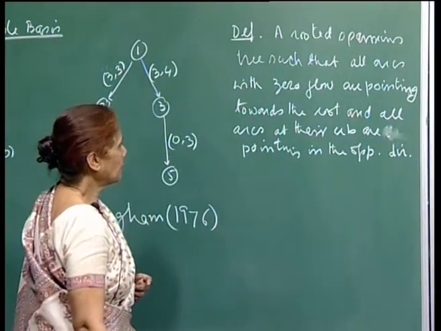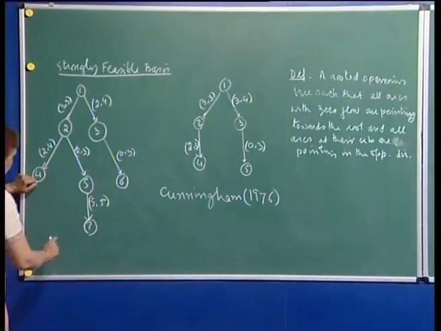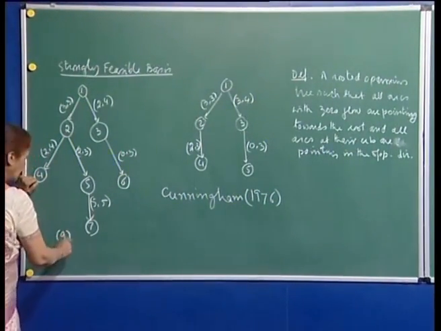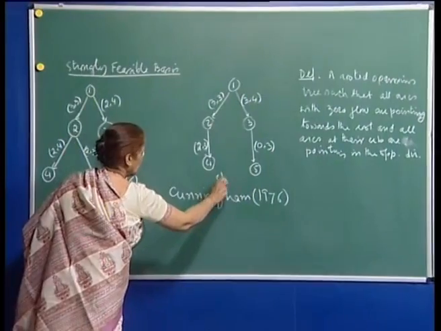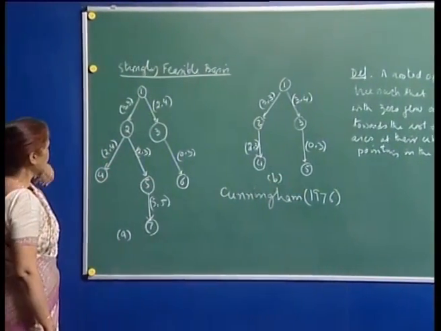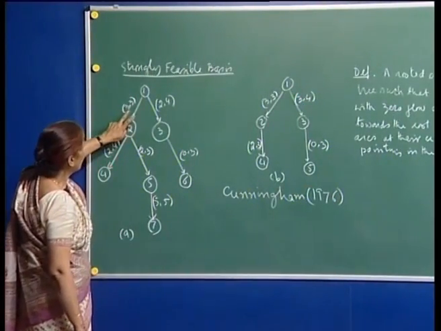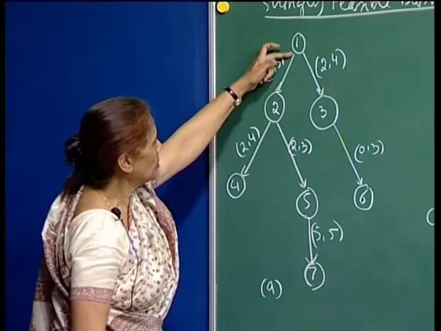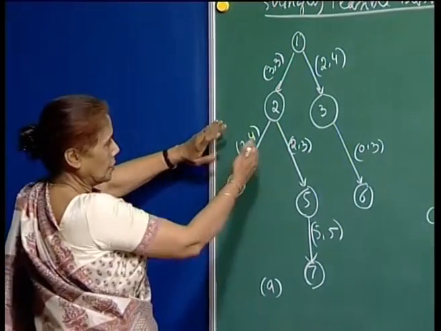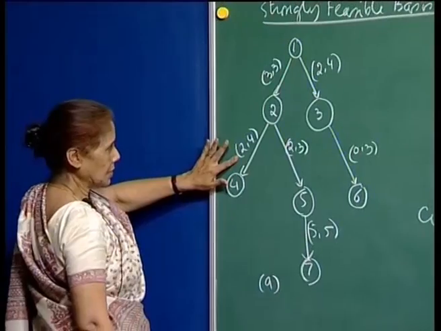So, I will give you an example of what we mean by this. See, this is an example. So, if I call this A and this I call B, then A represents a strongly feasible basis. You see, because here this is an arc which is saturated and it is pointing away from the root. This of course does not come into that definition because it is not saturated and the flow is positive.